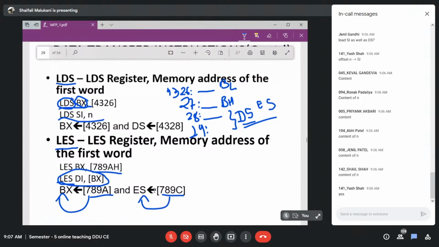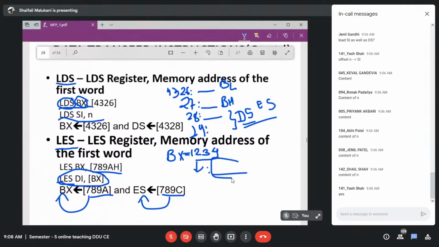Are you getting it? Suppose my BX is 789A. Suppose my BX is say 1234. Let us take BX as 1234. It is easier to understand. BX has value 1234. So 1234 is taken as address.